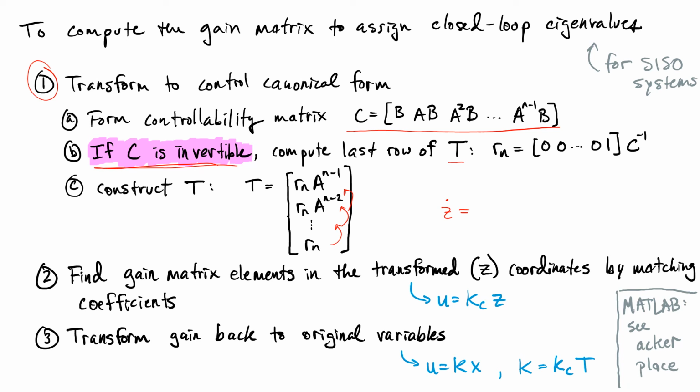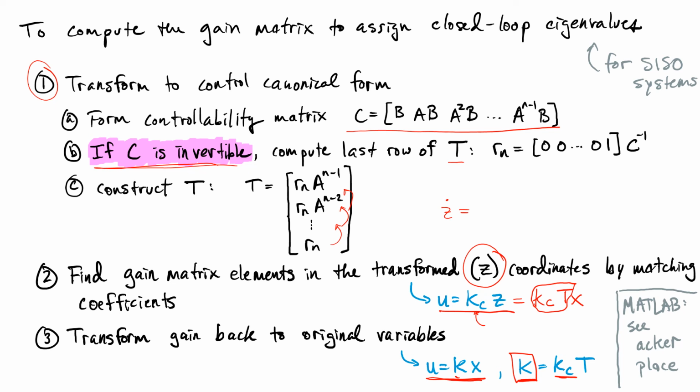So you're going to be finding the gain matrix K in the Z coordinates, which I'm calling K sub C. Then in order to recover it for your original state space system, it's important to transform that K matrix, this K_C, back into the K matrix that would be used on X. So you notice the feedback here is now simply plugging in wherever you had Z before, this is going to be K_C times T X. And so now our new controller matrix is simply K_C times T. And so this is the whole workflow in order to do pole placement for a system that's not in control canonical form.